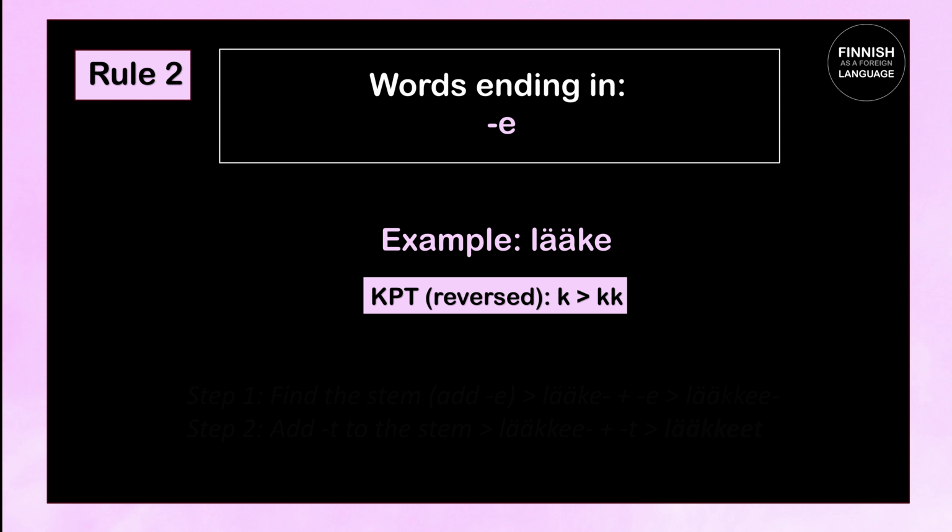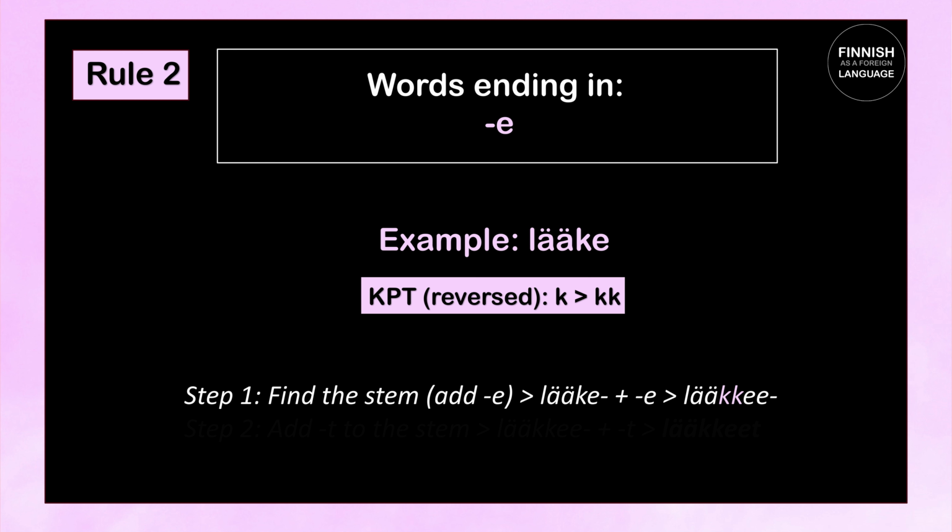Also here, let's take a look at one example that is affected by the consonant gradation. For example, lääke means medicine. Here we have the consonant gradation of type B, so it's the reversed one. The weak K changes to a strong double K. So, in order to form the nominative plural, we have to find the stem again, which means we have lääke plus e is lääkee.